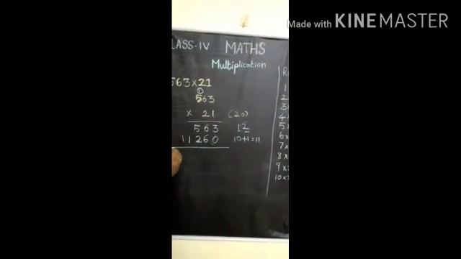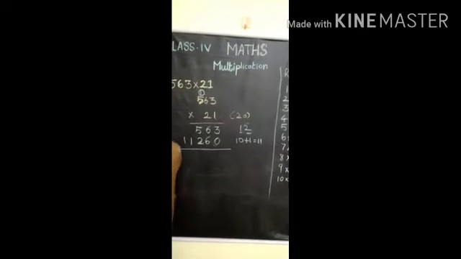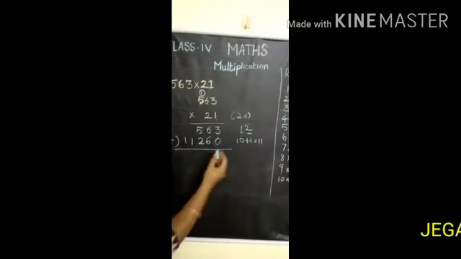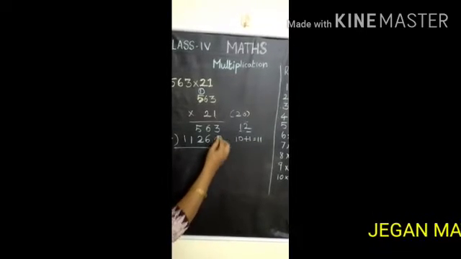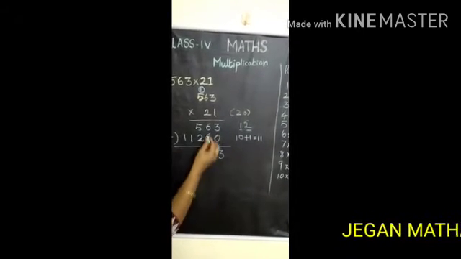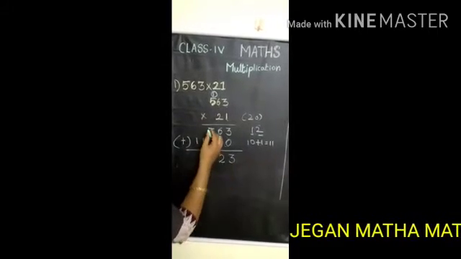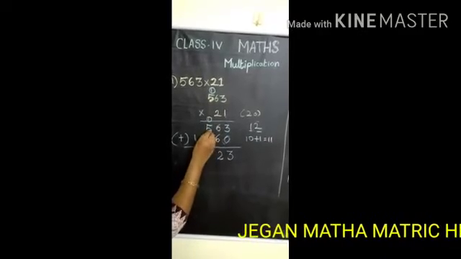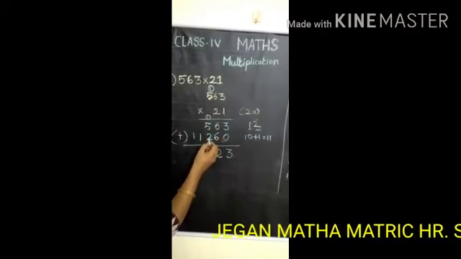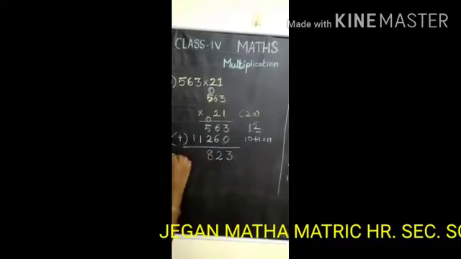Now you want to add. We get the products. 3 plus 0, 3. Then 6 plus 6, 12. Write 2, balance 1, carry over here. 1 plus 5, 6. 6 plus 2, what is 6 plus 2? 8.